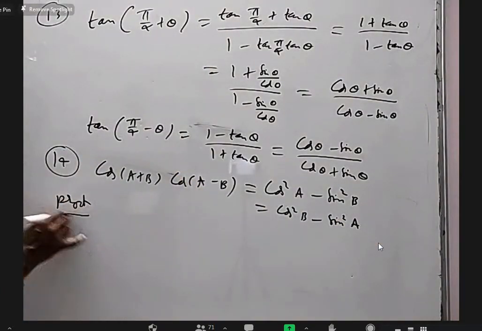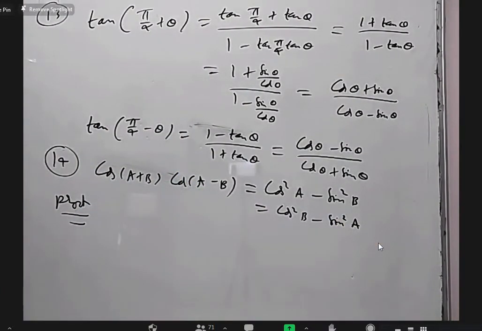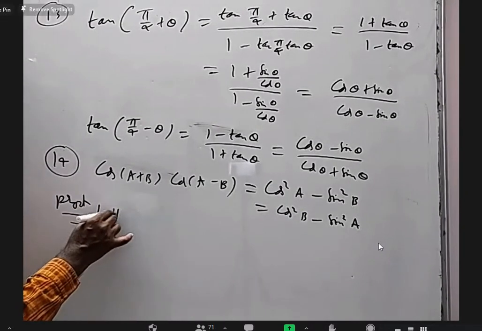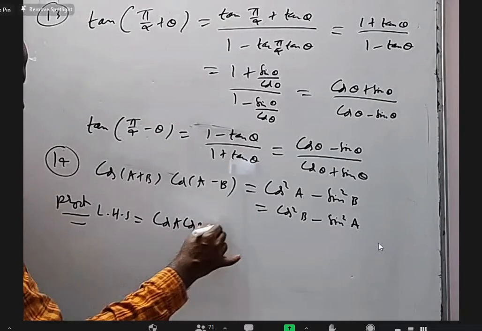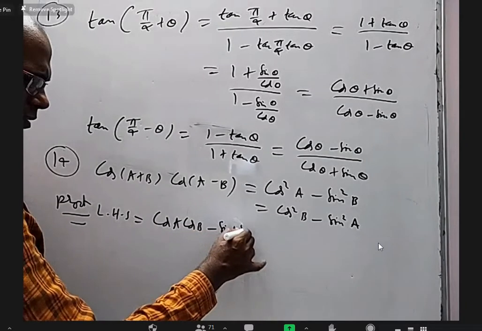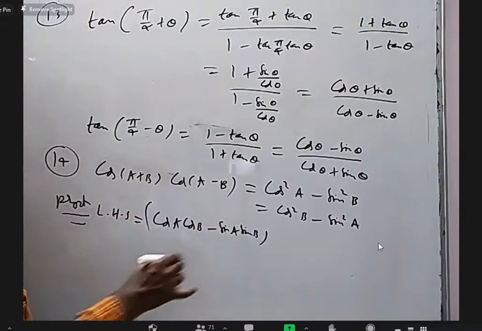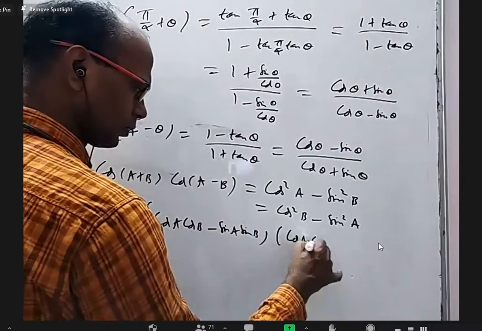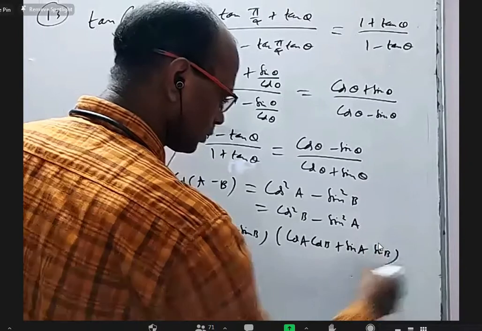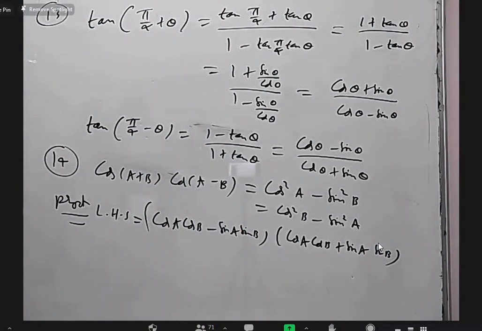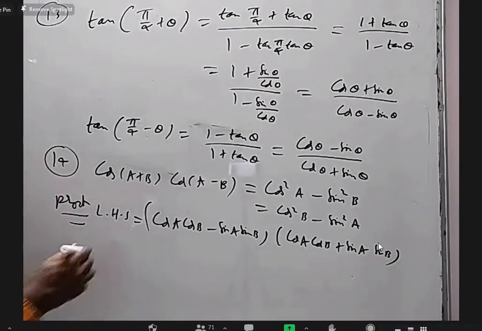How to prove this: simply use this formula and multiply. When you take LHS, cos(A plus B) is cos A cos B minus sin A sin B, into cos A cos B plus sin A sin B. It forms the pattern (A minus B) into (A plus B), which you can write as A square minus B square.